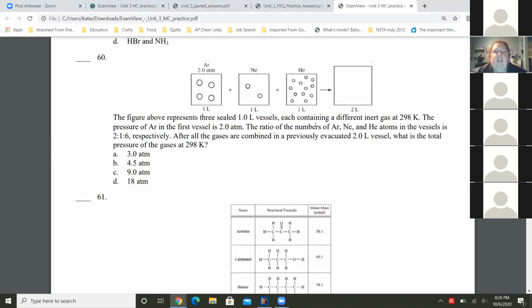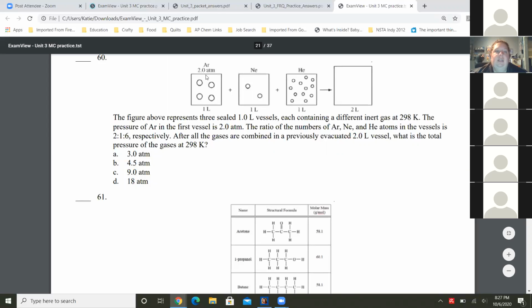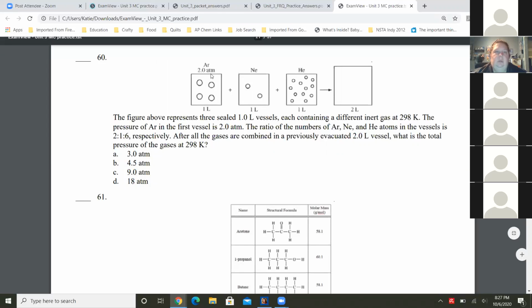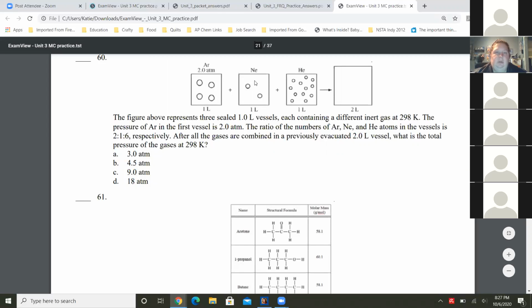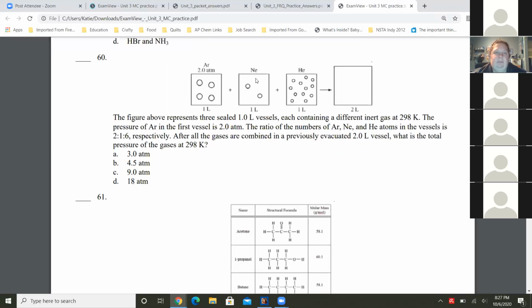They tell us that the ratio of the numbers of atoms in the vessels are 2 to 1 to 6 respectively. If they all have the same volume and the same temperature, that's also going to be the ratio of our moles, which means that's also the ratio of our pressures, because everything else is being held constant. So if argon has 2 atmospheres, neon has half as many particles, so its pressure is also half. So neon would have a pressure of 1 atmosphere in that 1 liter container.